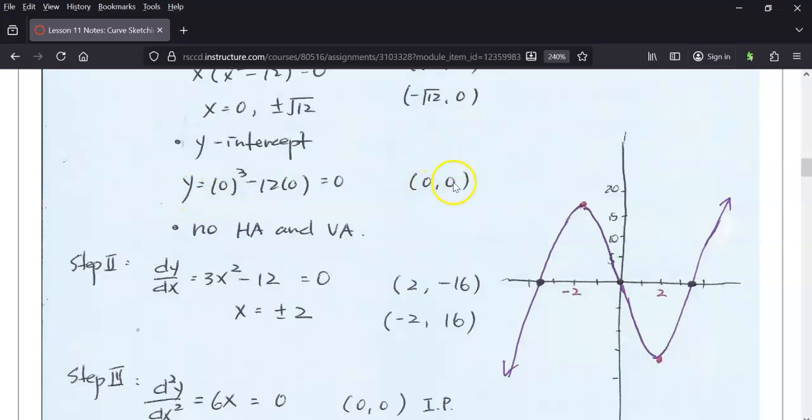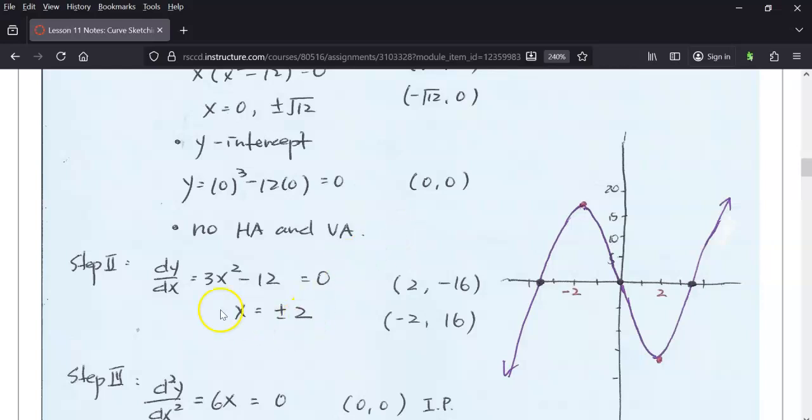So we find the y-intercept is at (0, 0), which is also that point. So we have our x-intercepts at these three points, and the y-intercept right here. And there's no horizontal or vertical asymptote because this particular function is a polynomial. It's not a rational expression, so there are no domain issues.